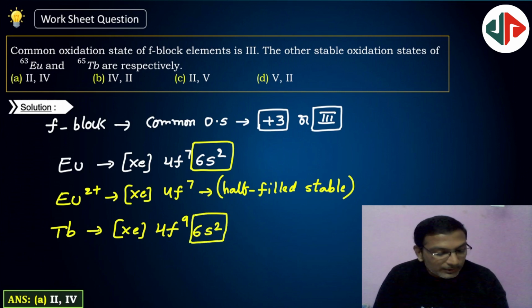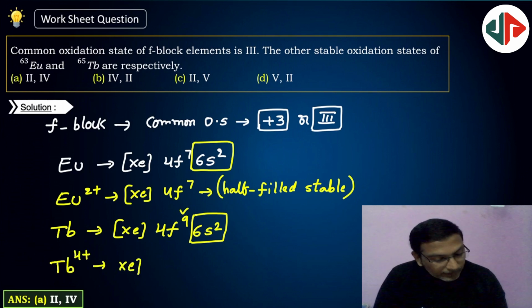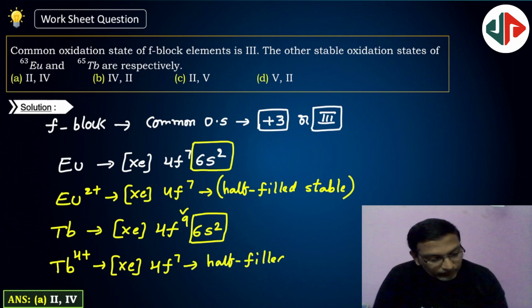So remove here 2 electrons and here also 2 electrons. Therefore, we'll get Tb4 plus, xenon core 4f7 6s0. This is also half filled and stable.